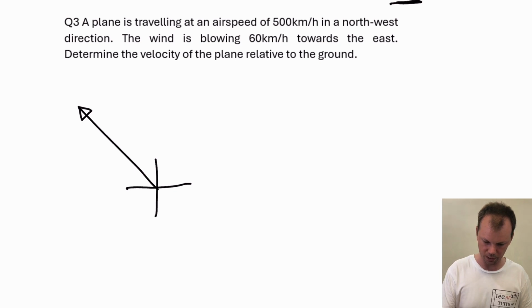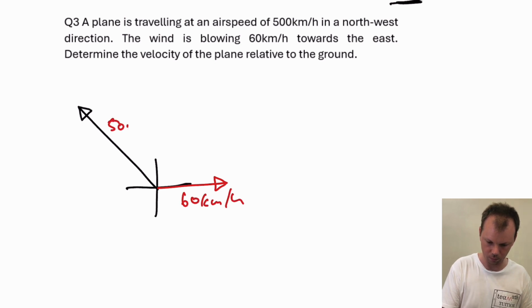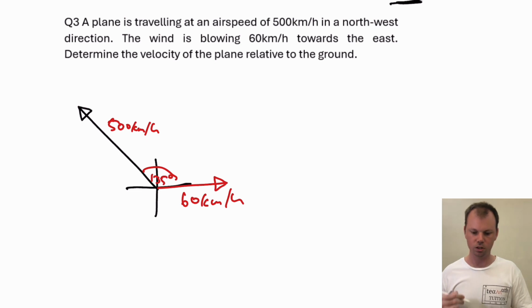So our wind is traveling this way. Let's write that on here. That is 135 degrees in there. Determine the velocity of the plane relative to the ground.